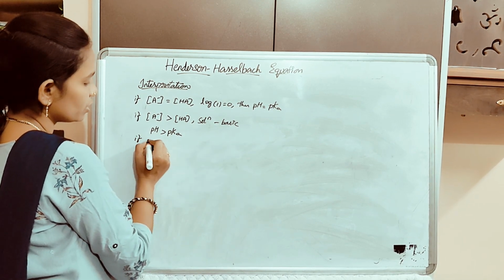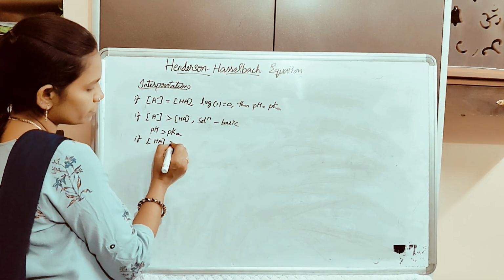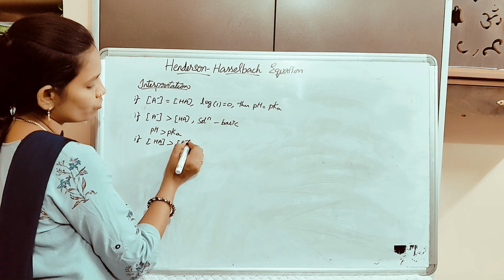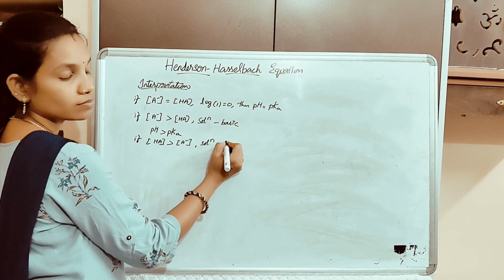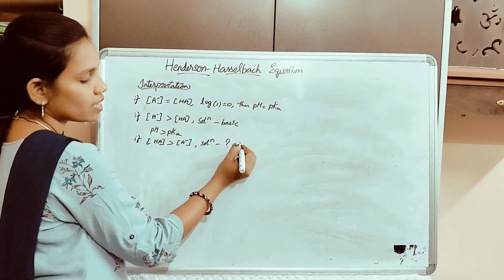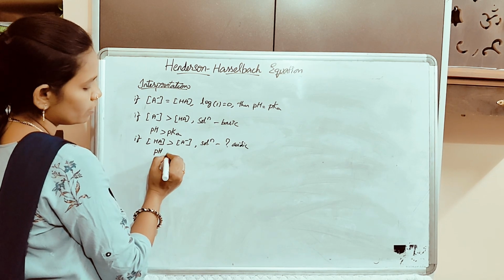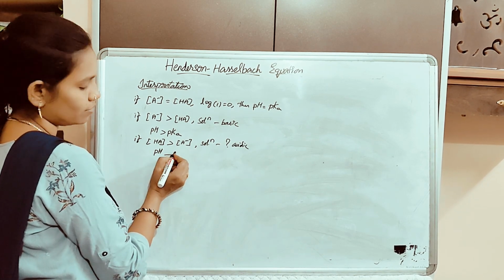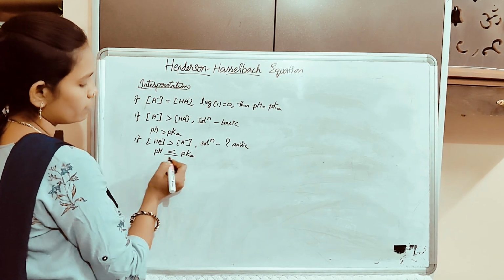And the third condition, if the concentration of weak acid is greater than the concentration of conjugate base, then the solution becomes what? It is acidic, right? So here the pH will be less than pKa, right?